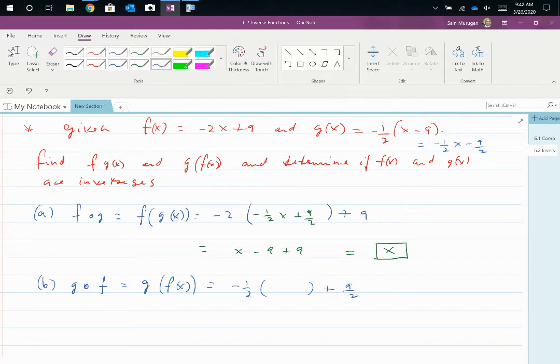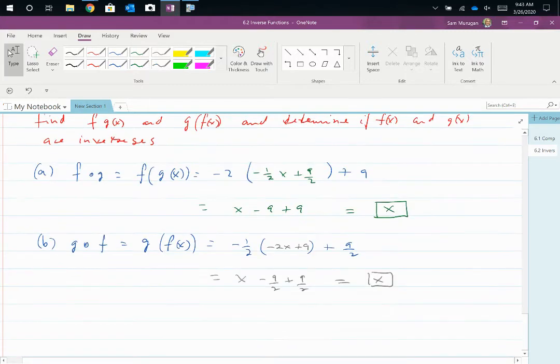And into this space, we're going to substitute the entire f function, which is negative 2x plus 9. So this is equal to distributing negative half. We have x minus 9 over 2 plus 9 over 2, which is equal to x.